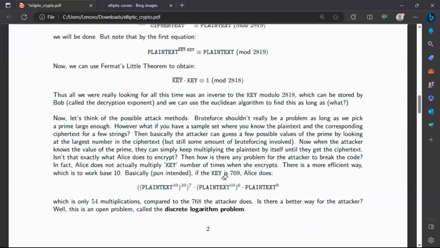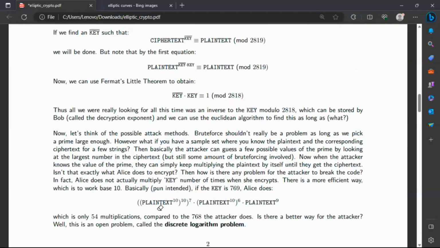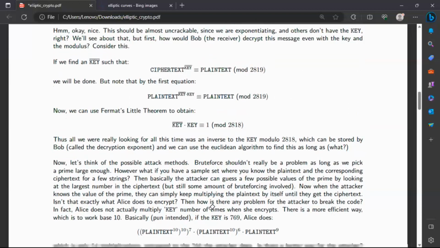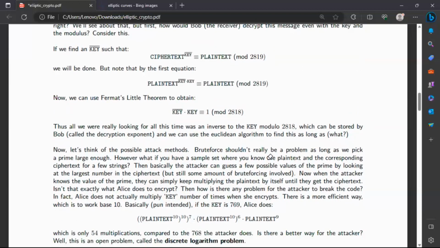If the key is 769, Alice computes plaintext to the power of 10 to the power of 2 times plaintext to the power of 10 to the power of 1 times plaintext to the 9, which is only 54 multiplications compared to the 768 multiplications the attacker has to do. So if our key is large enough, it will take much longer for the attacker to decrypt this.